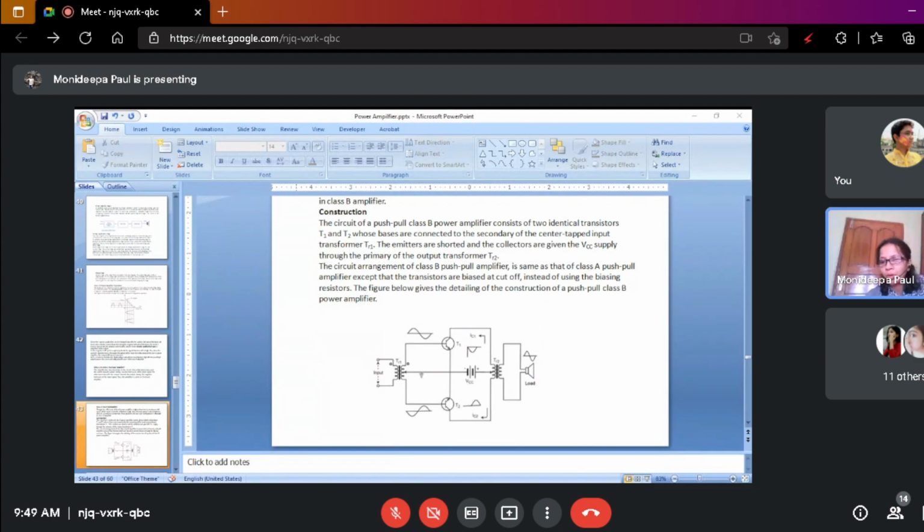So above the biasing, when the applied voltage crosses the biasing potential or barrier potential, then the transistor starts conducting. But what is the voltage applied in this configuration? What is the voltage applied across the base emitter junction?